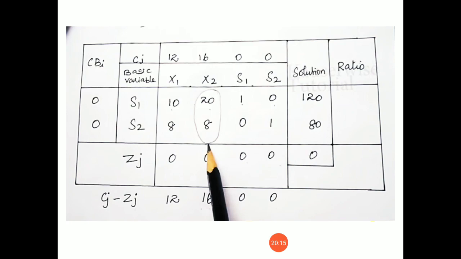I have encircled that column here in this slide. So the column is 28. Again, I am repeating, I verify in the Cj minus Zj row which element is the maximum. Here 16 is the maximum, so I have encircled the column corresponding to 16. That is 20 and 8.